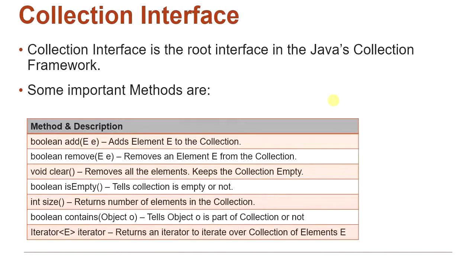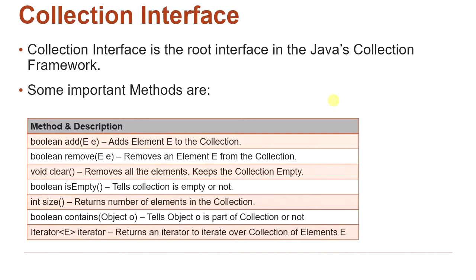The size method returns the number of elements in the collection. The contains method will tell whether the object is a part of the collection. So if you pass an object o, then the collection framework will search for that particular object. Then it will tell whether that particular object is inside the collection or not.